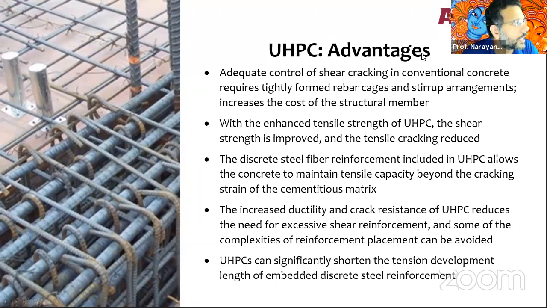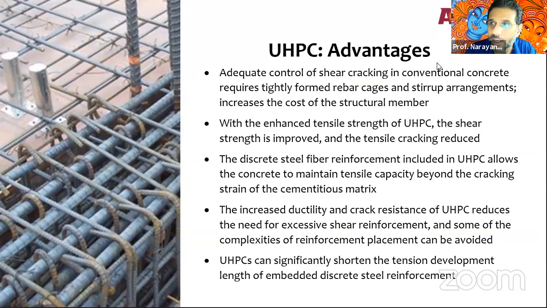Okay. So the advantages of UHPC are adequate control of shear cracking in conventional concretes, which require very tightly formed rebar cages. You might need a lot of rebar for very high load carrying structures, which increases the cost of the structural member. But if I can make concrete take a lot of shear strength, you can reduce the amount of steel. With the enhanced tensile strength, you always have improved shear capacity. Tensile cracking is reduced.